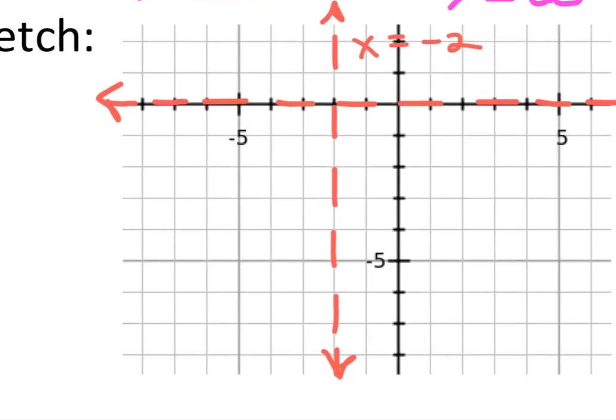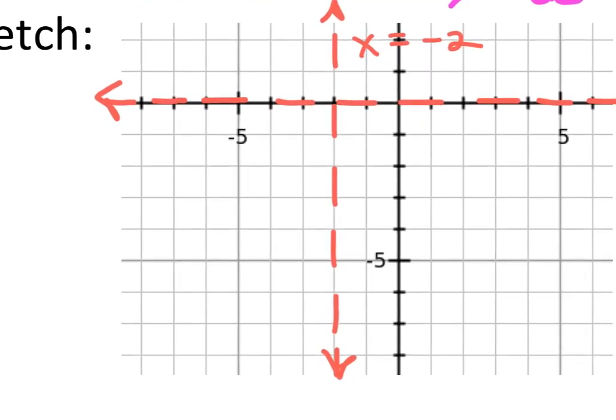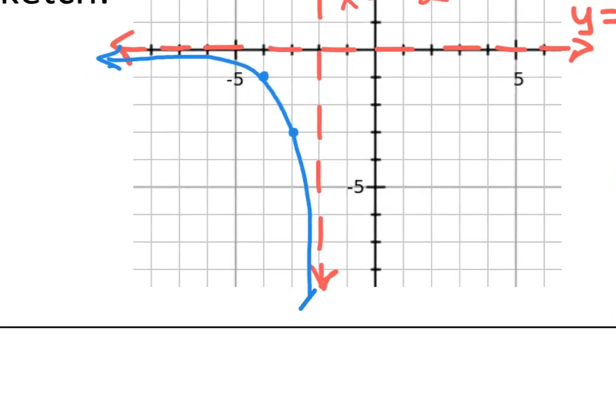And again, I'm going to put some points here. So on the left, and this graph is a little tricky to draw, on the left of the asymptote, it should look something like this.